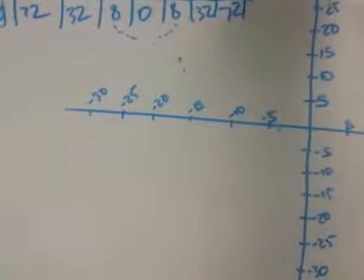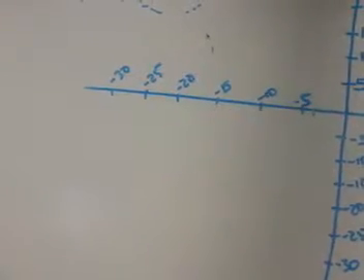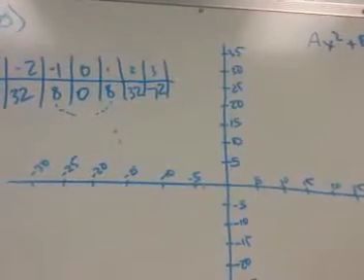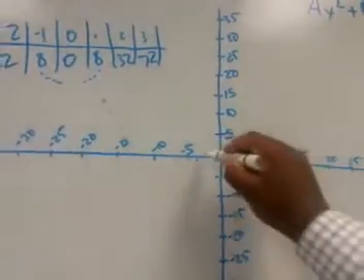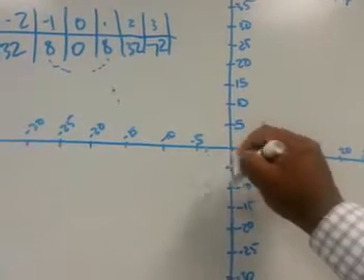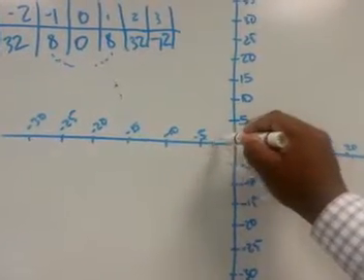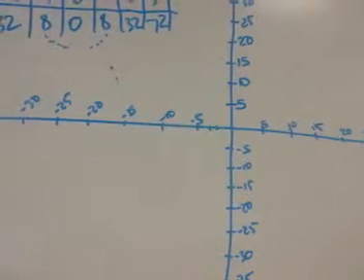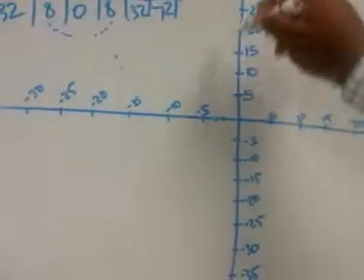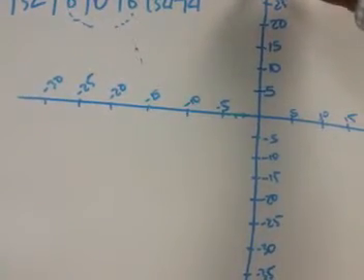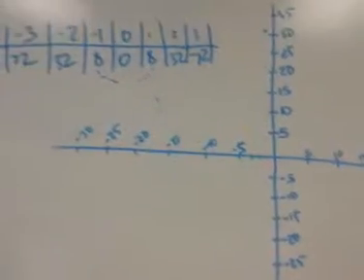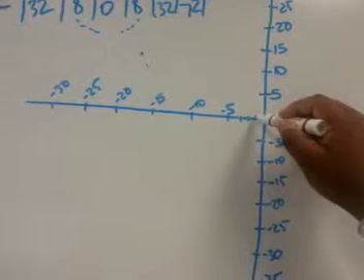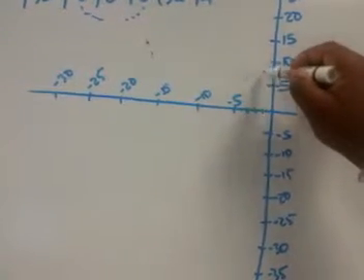So y is going to be way up here. And that's a point. And then if x is -2, maybe -3 really is there. Anyway, if this is -2, then y comes down to 32. So now it gets down to about here. And if x is -1, now we're down to 8.